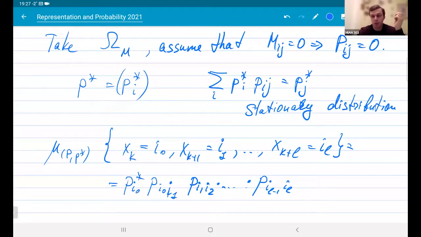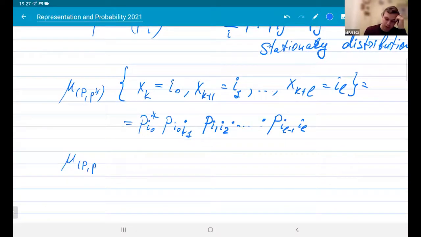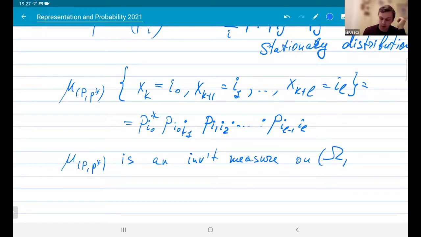And also you can prove that this is stationary. So this is a shift invariant measure. So you have some measure, and mu P star is invariant on our omega_M.